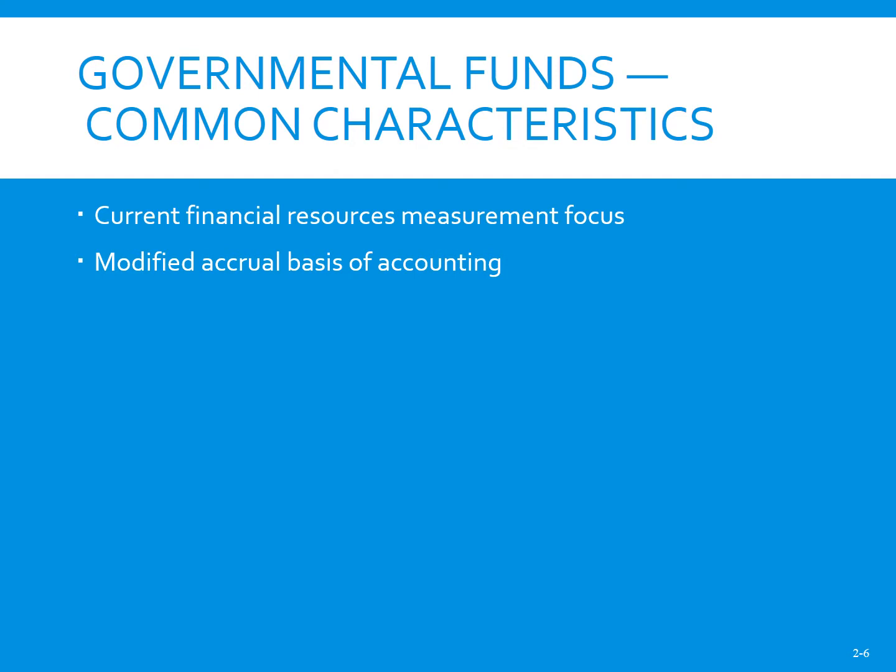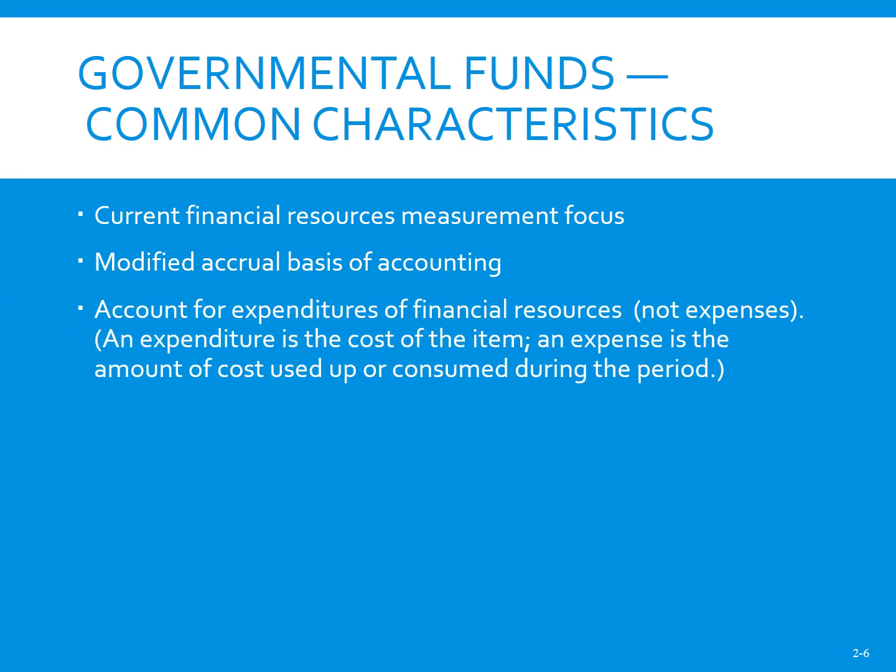And governmental accounting also uses, this is where things get a little different, a modified accrual basis of accounting. And what that generally means is that revenues, or inflows, are only recorded when they're measurable and available to pay current expenses.